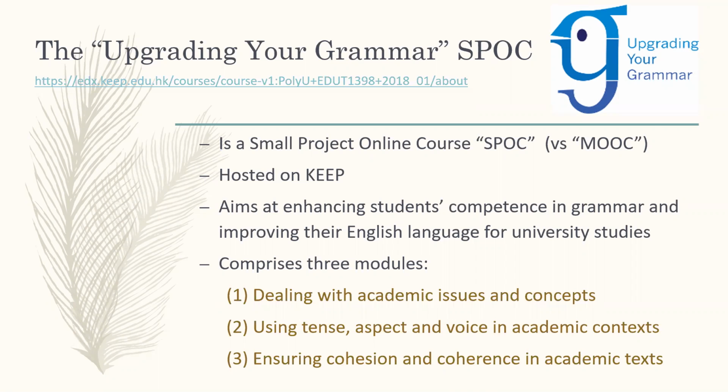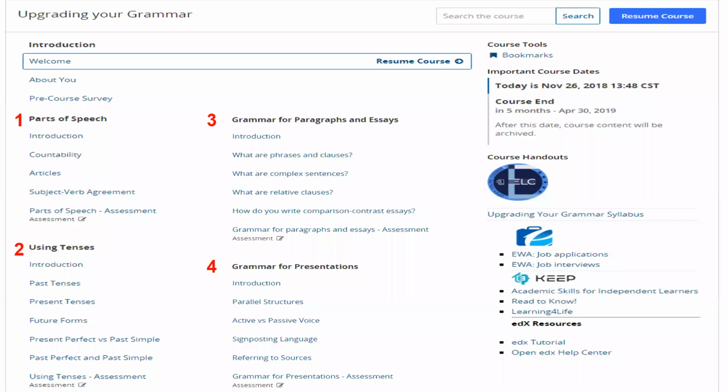So this is a course that combines different modules, and specifically you'll be able to see on this page 4 different units that we have developed. Some of these units, for example, the first one and the second one, would be focusing on more simple, I would say, rather basic structures of grammar, for example, the use of verb tenses or parts of speech, whereas the other units would tend to be more relevant to students' writing or oral presentations, respectively.